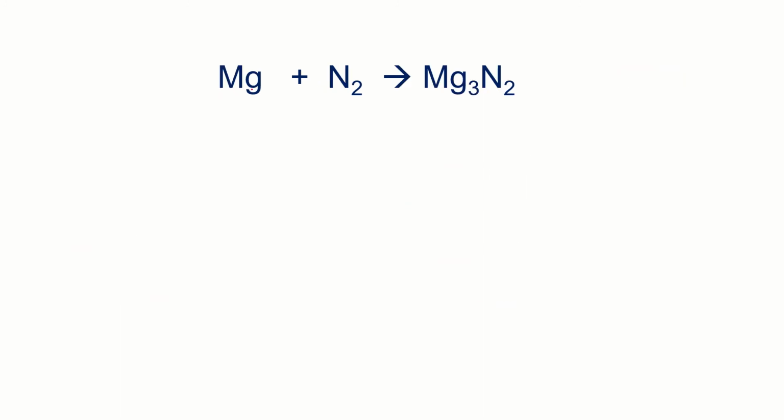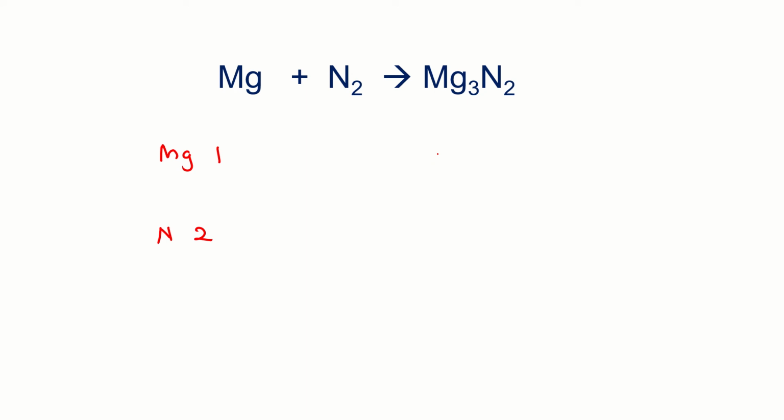Another example. You have magnesium. You don't see a coefficient here. You don't see a coefficient in the subscript. And even in this one, you don't see any coefficient in front. And check out the numbers on both sides. How many do you have? You have 1 magnesium, and 1 into 2, 2 nitrogens.